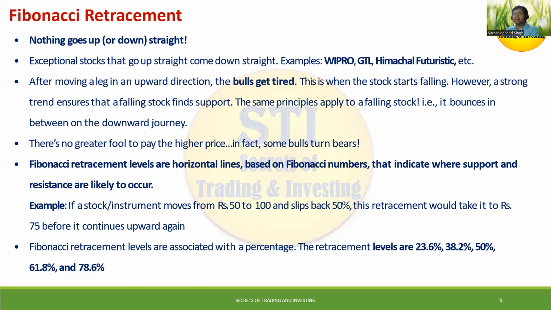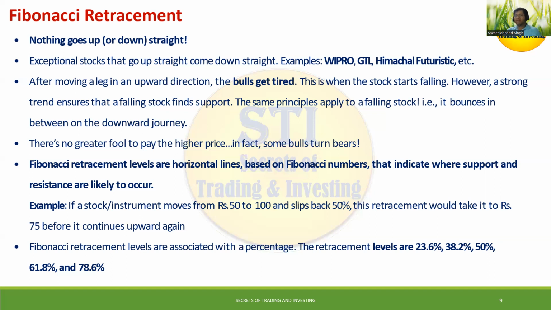The same thing is also applicable in a falling stock. Suppose the main trend is downtrend. After moving in a downward direction for some amount of time, it will find a support, and then the price will bounce back a little in the upward direction.